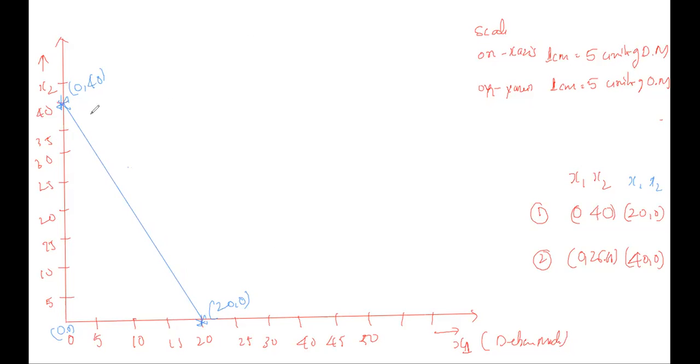This line indicates the first equation: 2x1 plus 1x2 less than or equal to 5 into 5 into 8, that is 40, right? So the line means 2x1 plus 1x2 is equal to 40. But less than or equal to indicates on this line or below the line.